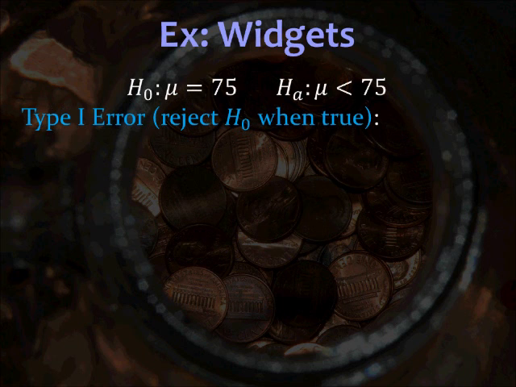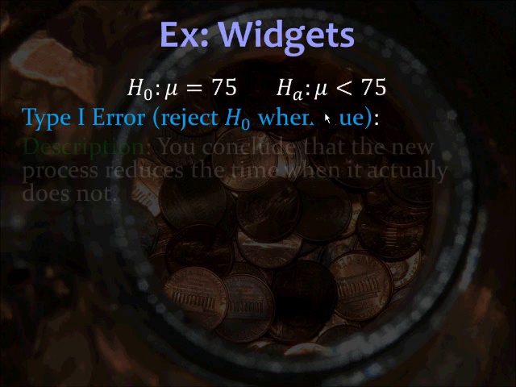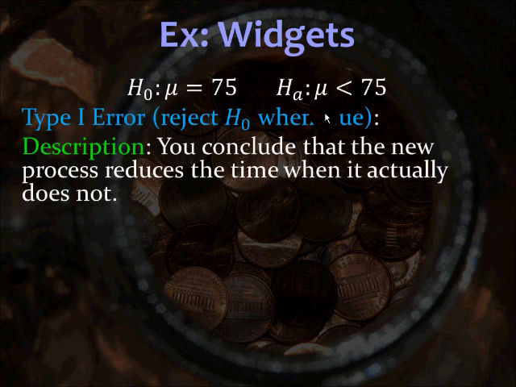Let's see what happens when we commit different errors. If you reject the null when it's true, in other words, you find that your data tells you that there has been a decrease in production time for a widget when there actually hasn't. You conclude that the new process reduces the time when it actually doesn't. So sometimes you're going to have to do some mental gymnastics, think about it, draw a little table, and figure out what the description is.